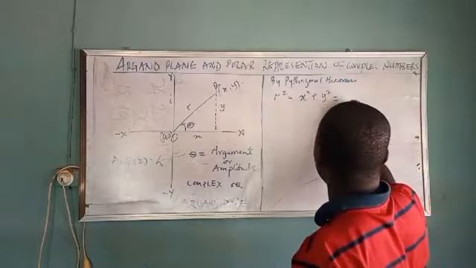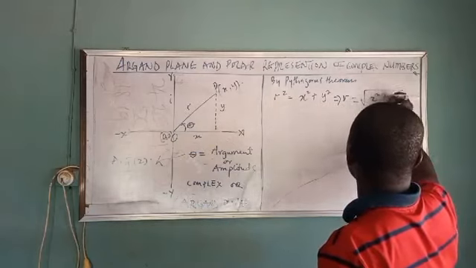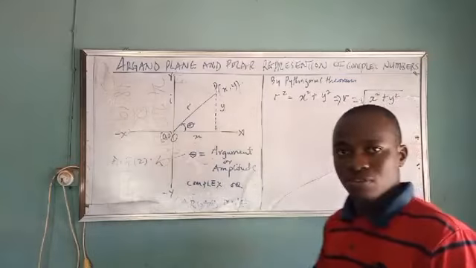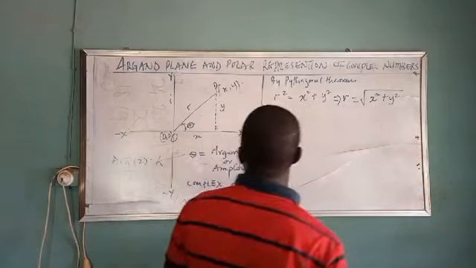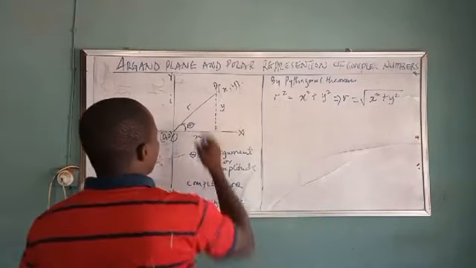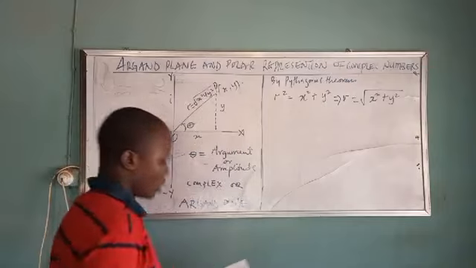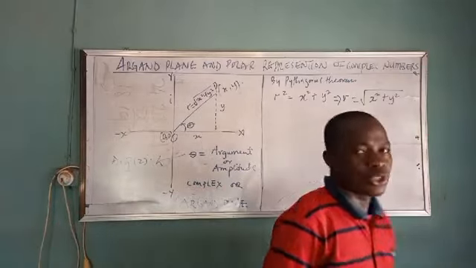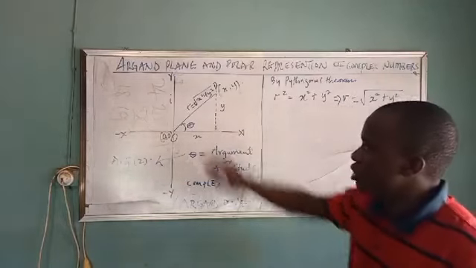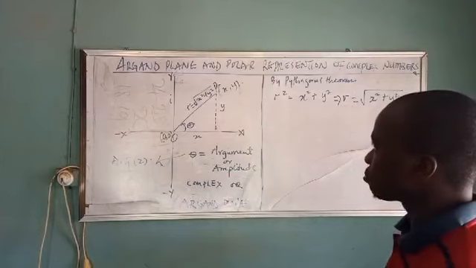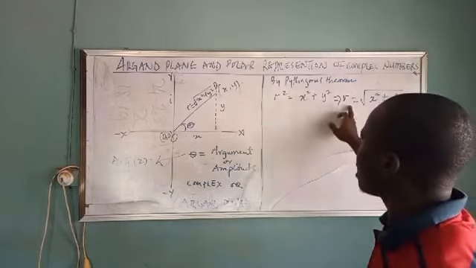So we have r equals the square root of x squared plus y squared. Therefore, r is the same thing as the square root of x squared plus y squared. Are you following? That is what we call our modulus.